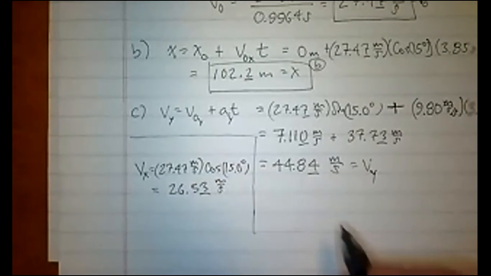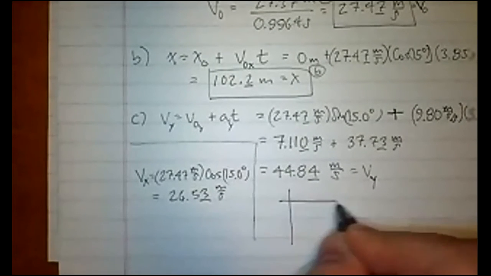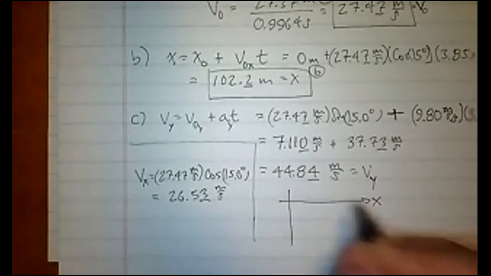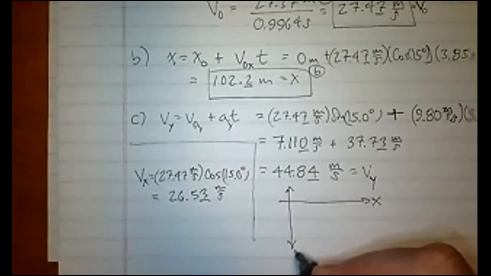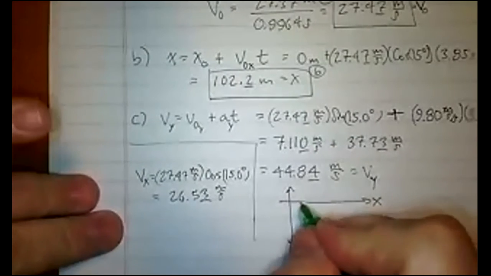And if I draw my coordinate system again, there's the x direction. This is the positive y direction this way. I'm going to draw a positive x component using my green line for the vector.